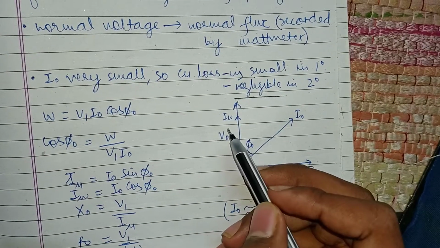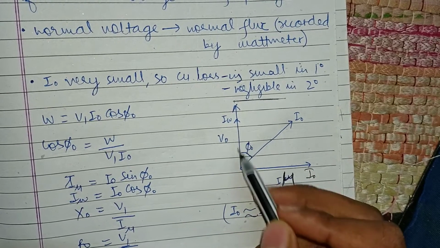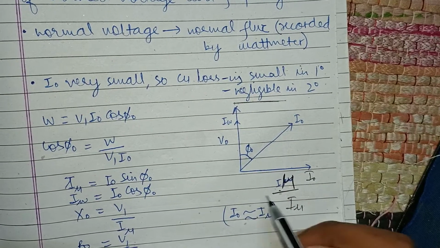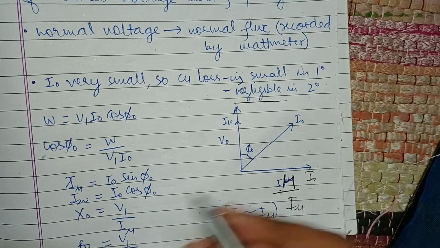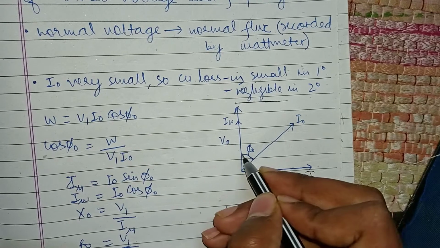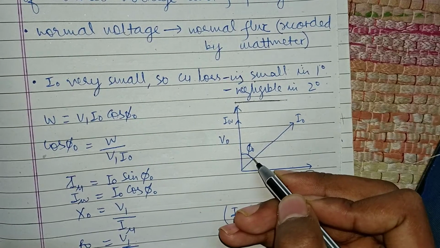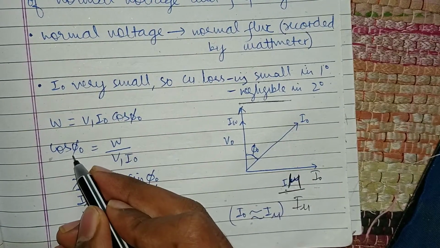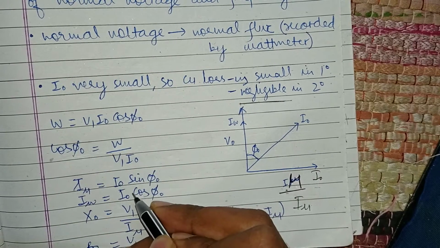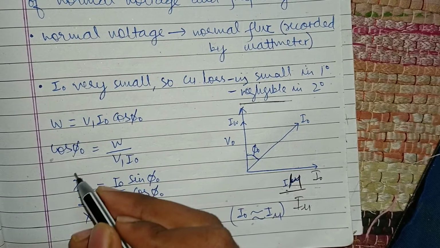IW is the active current, which is in phase with V0, and I mu is the magnetizing current. What is the formula of power? Power is V1 I0 cos phi0, where phi0 is the phase angle. So cos phi0 is equal to W by V1 I0.